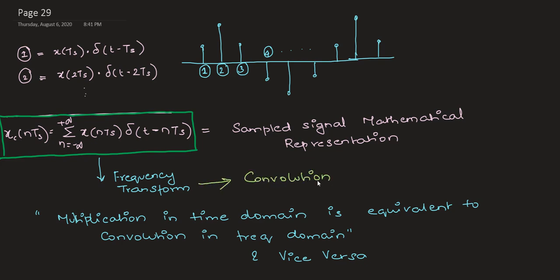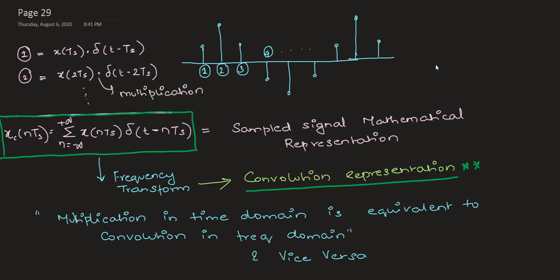For that you need to know that multiplication in the time domain is equivalent to convolution in the frequency domain. Which means the sampling in the time domain is taking place using the multiplicative property, so in the frequency transform your sampling is going to have a convolutive representation.